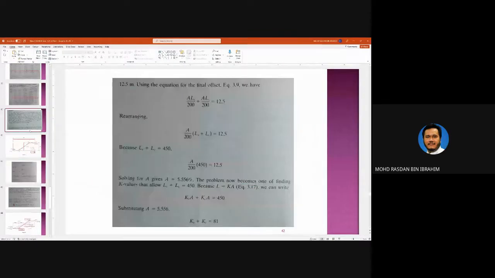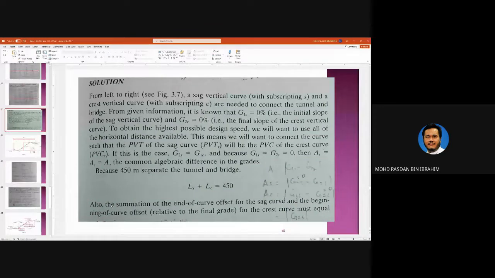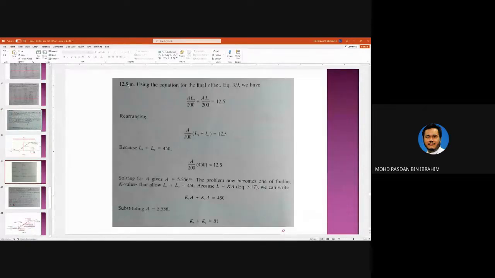Oh, ada sikit lagi. Also, the summation of the end of the sag curve and the beginning of the offset, this is the 12.5 of the crest curve, must be equal to 12.5 meters. YFS and YFC must be equal to 12.5 meters.